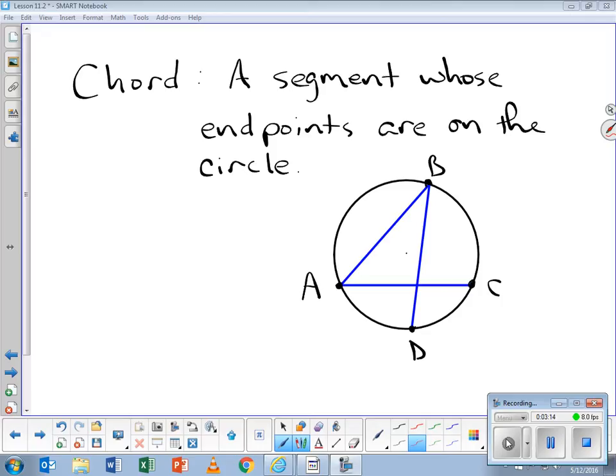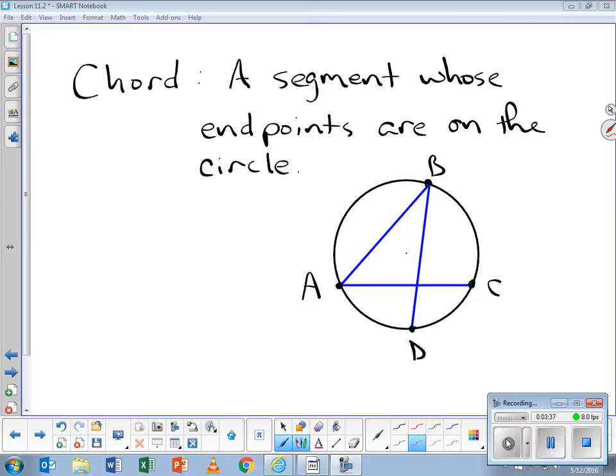Okay. Could we draw any chords that aren't drawn there? Anthony? Is there enough information there to draw another chord in that picture that's not already drawn? Like segment DC?